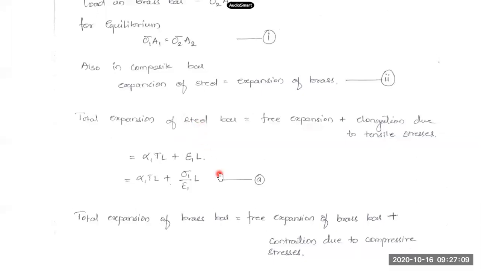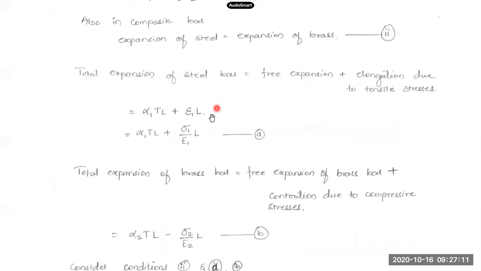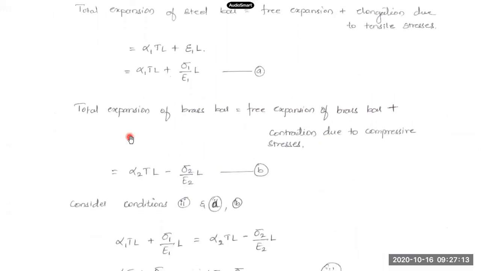Now, similarly, if I take the brass bar, it is allowed to expand freely up to delta 2. But some compressive stresses are developed in the brass bar because the steel is holding it back.